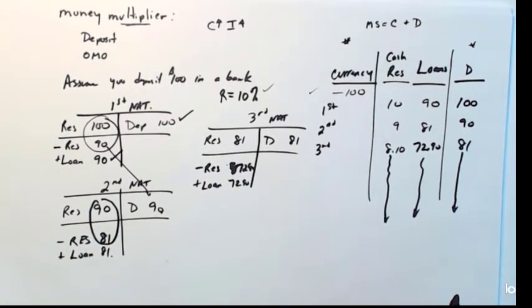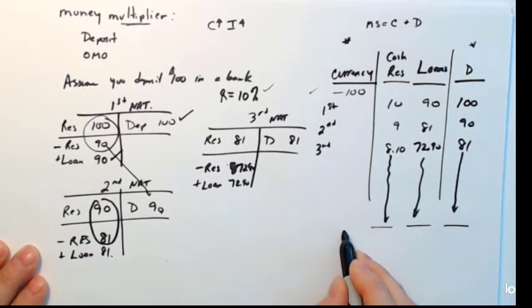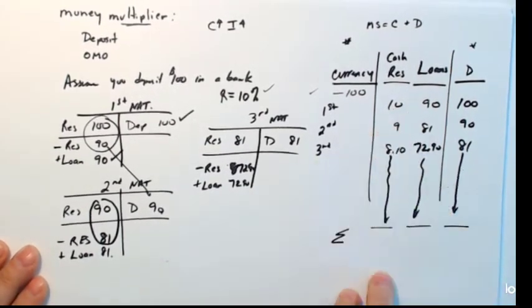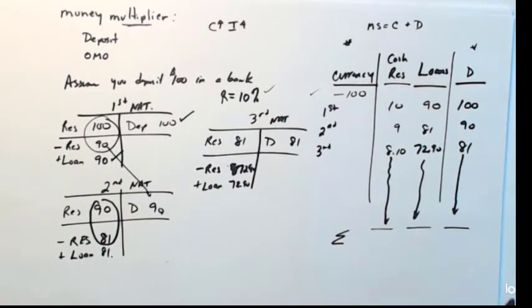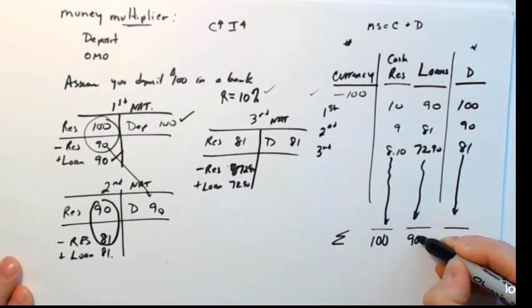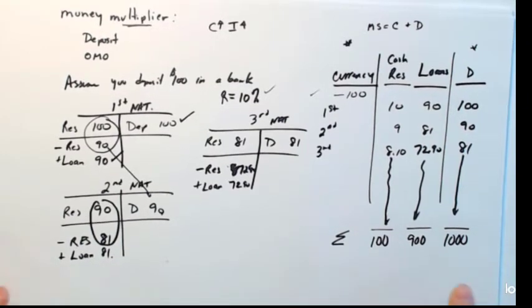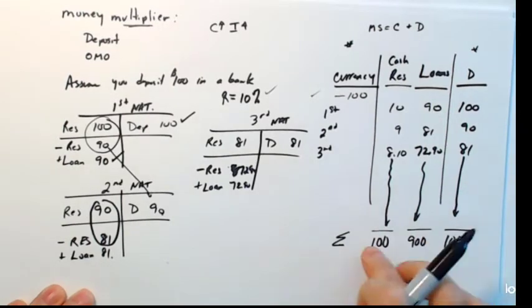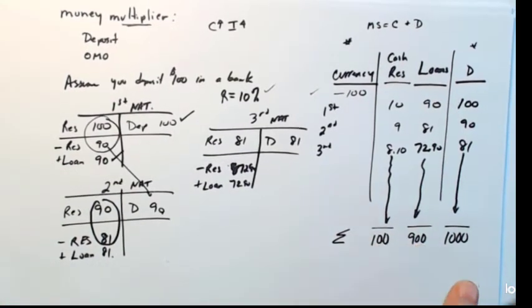Okay, so now what we want to do is figure out, well, what does this total out to be? Sigma. What does the total effect of all of this come out to be? That's what sigma means, total. It comes out to be 100. This comes out to be 900, and this turns out to be 1,000, which is kind of good because you notice it balances. And if everything balanced along the way, it should balance in total. But what we want to do is derive how we got this effect.